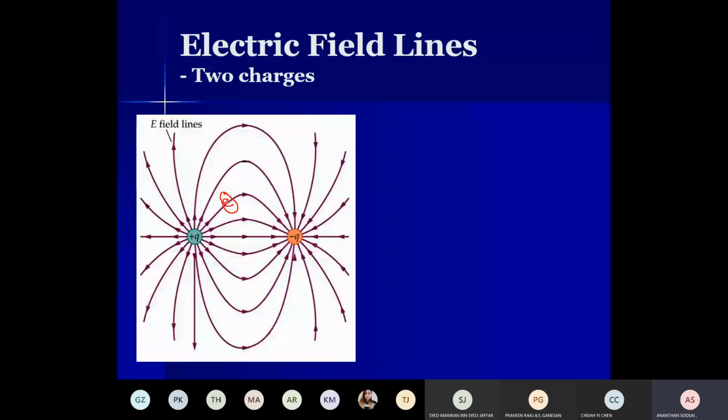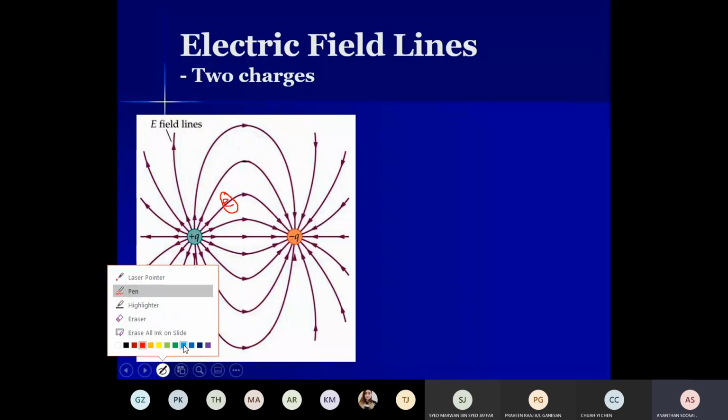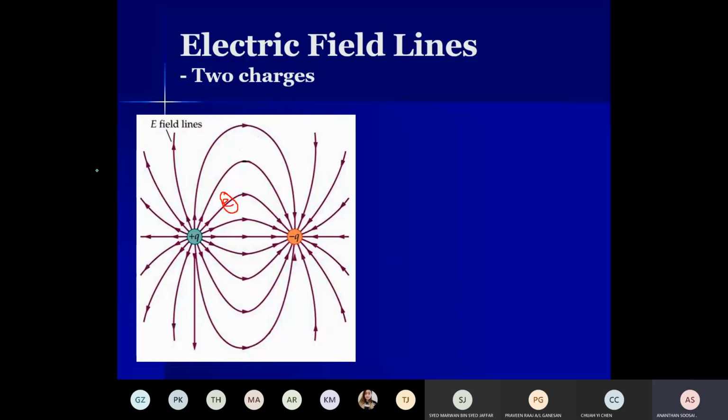Let me use a different point. Is the force going to be this way, one, or is the force up, second one, or the force going to be like this, third one, or the fourth one?